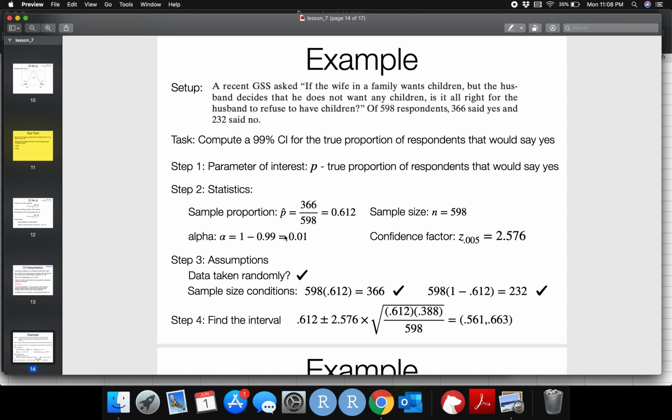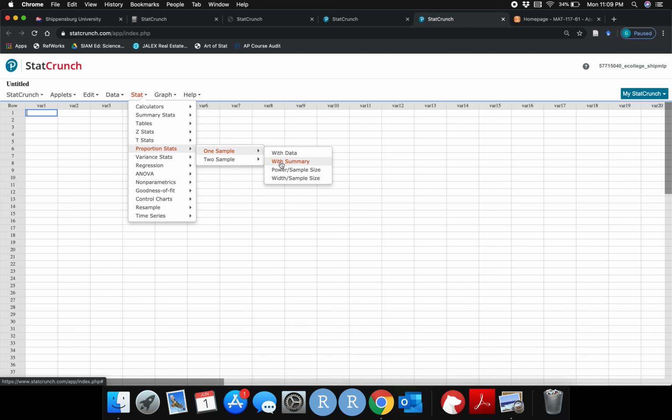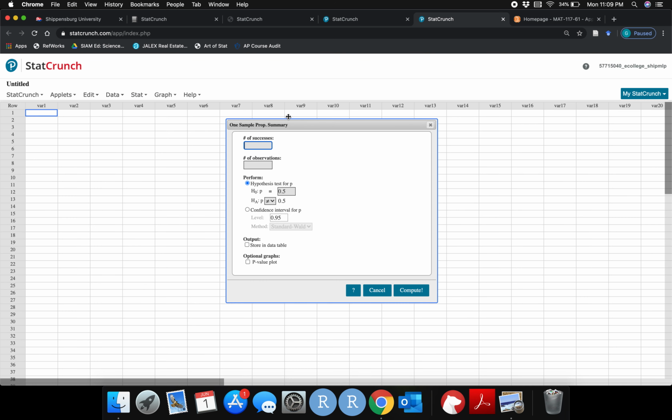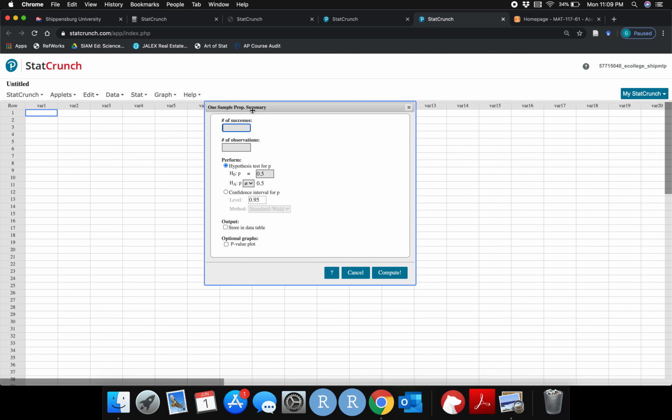We have summary information. We don't have a bunch of yes and no's. So I choose with summary, and then it asks us a number of questions. It asks us the number of successes, the number of observations, and then down here it can choose to do a hypothesis test, which we'll talk about in lesson 8, and then confidence interval in lesson 7.